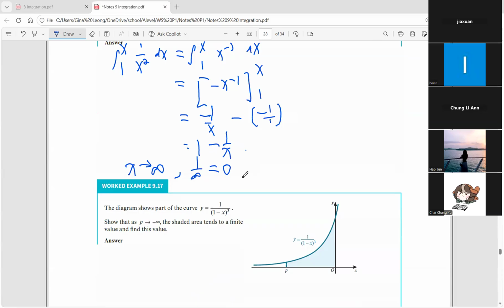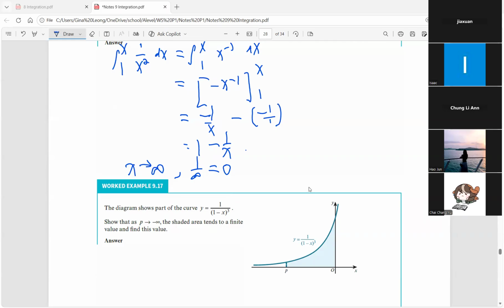Then if let's say you press your calculator, I show you the calculator. Can you see here? When I show you the calculator, you can see actually he got 1 times 10 to the power of negative 8, that means 0.00000001. That means he is nearest to 0. This is what we will get if let's say you get 1 over infinity.